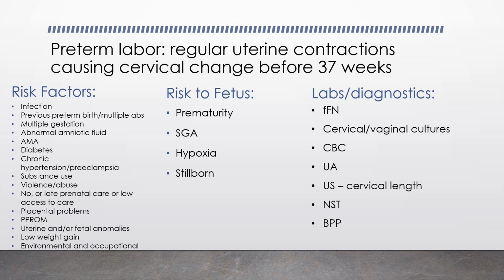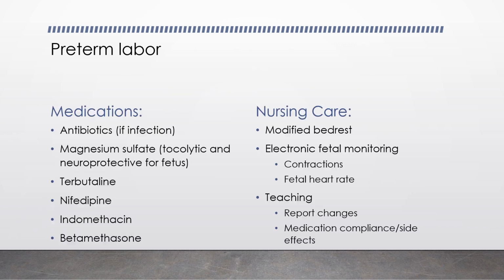The provider may also collect cervical and vaginal cultures to look for an infection, do a CBC, a UA to look for a urinary tract infection. They may do an ultrasound and look for cervical length to determine whether there's any cervical change. And then the last two are the non-stress test and the biophysical profile, which we'll get to next week.